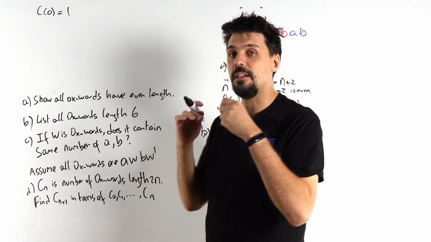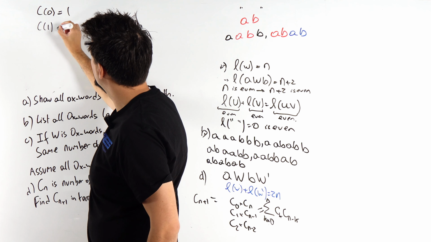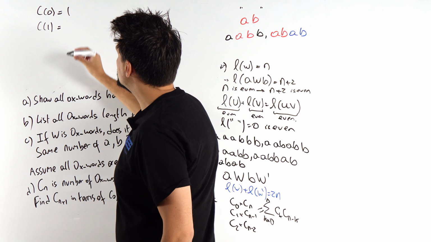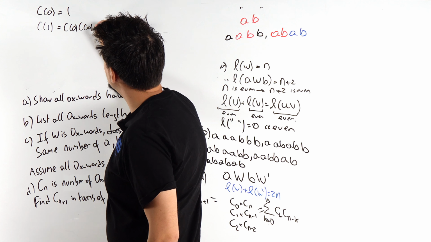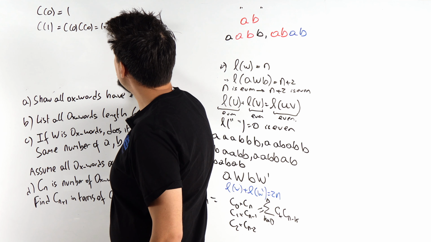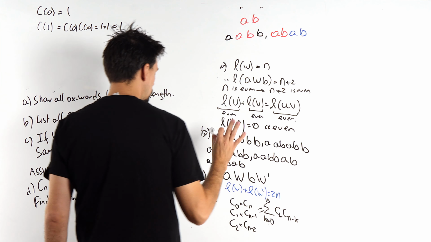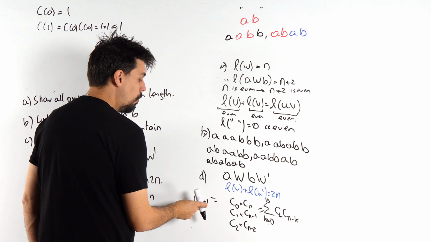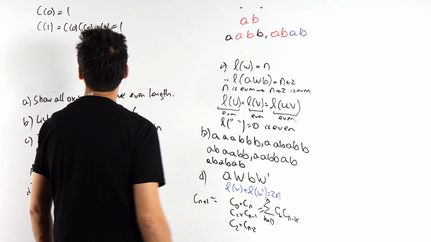It is the word that is nothing. So based on that, C1 is C0 times C0, which is 1 times 1, which is 1, based on my formula. So if I want C1, these two have to add up to 0, so they both have to be length 0.